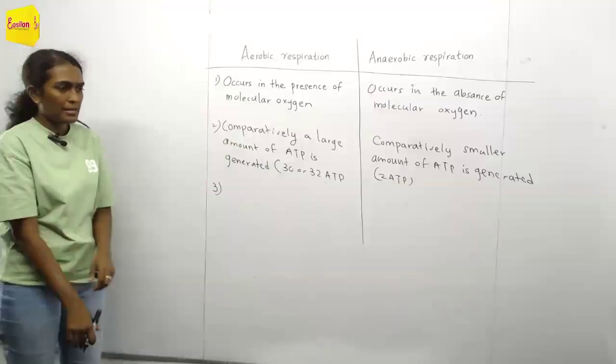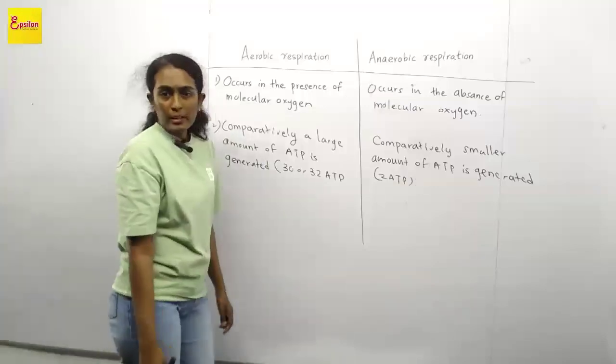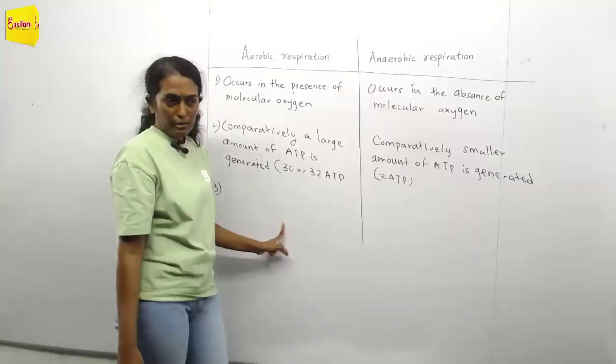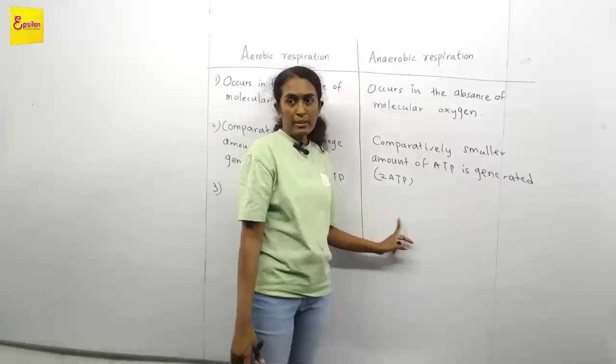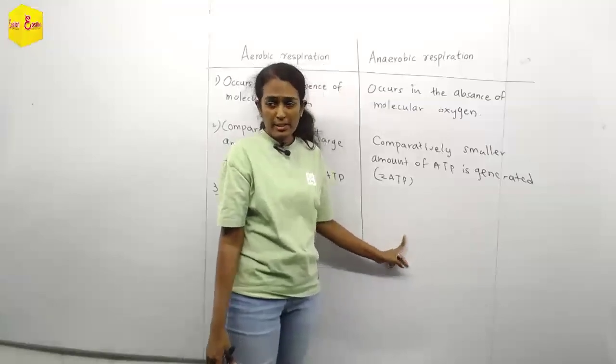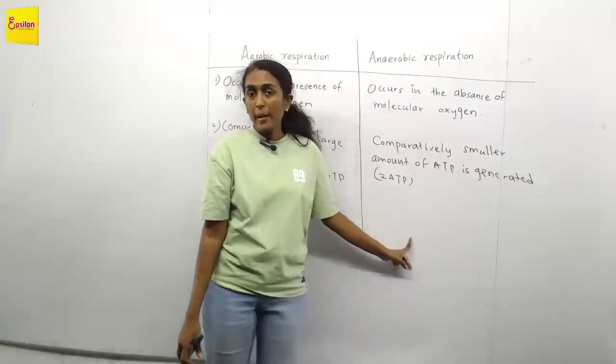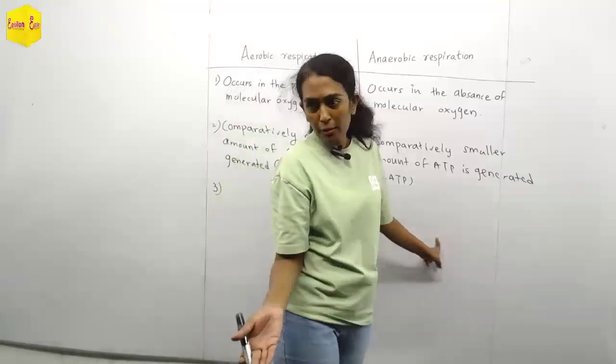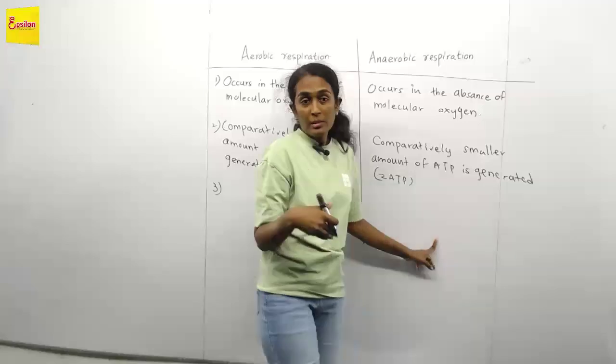Final hydrogen acceptor or electron acceptor is molecular oxygen here. In this case, if it is lactic acid fermentation, what is the final hydrogen acceptor? Pyruvate. And if it is ethyl alcohol fermentation, acetaldehyde.